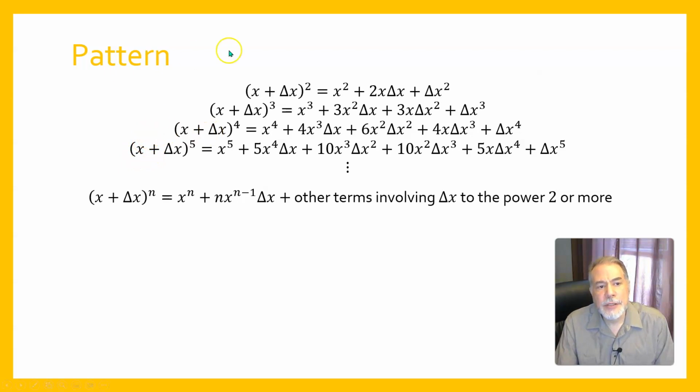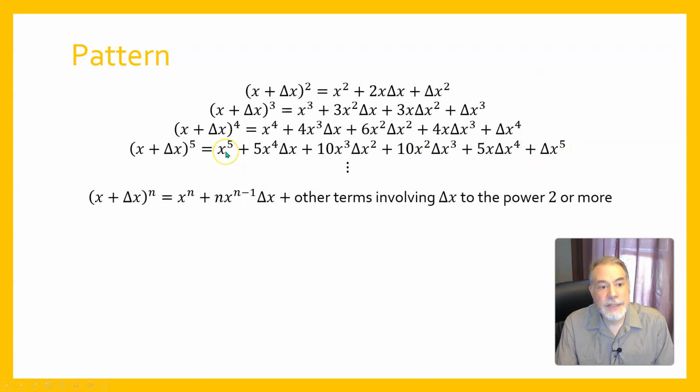But for our purposes, the part we really need to know is that what you get when you multiply out x plus delta x to some power is: the first term is always x to that power, and the second term is always that power times x to that power minus 1 times delta x just to the first power, and then all the rest of the terms involve delta x to the power 2 or more. Notice how the terms involve x to the fifth power, fourth power, third power, second power, first power, and 0th power.